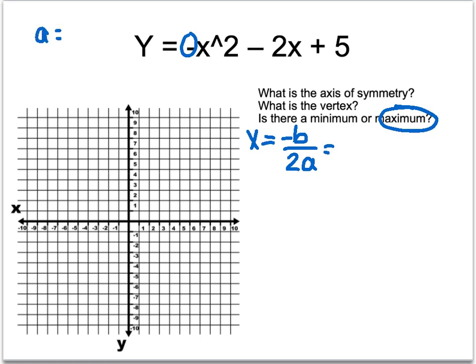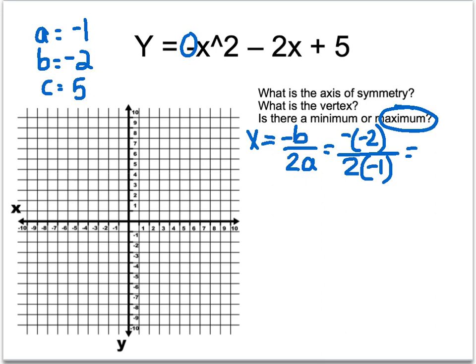So a, b, and c. C is 5. B is negative 2. A is a negative, but that's a negative 1. So we have negative, put in my b, which is negative 2, and 2 times a, which is 2 times a negative 1.